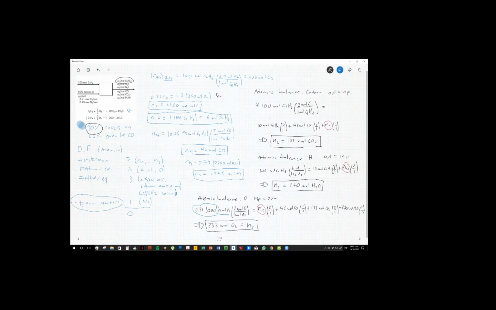Teacher, I don't understand N4. Why you multiply 0.25? In N4, yes. Okay, so N4, if you follow the diagram, N4 is the amount of carbon monoxide, right?